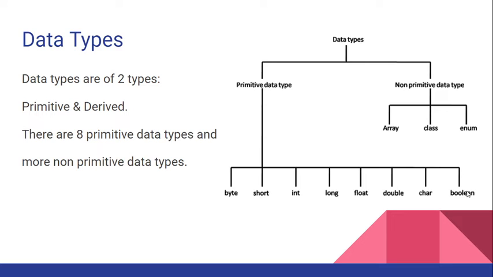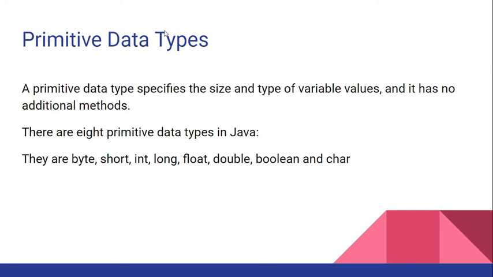Next is boolean, which I told you is true or false. Next come non-primitive data types. They are array, class, enums. These non-primitive data types will be discussed in later classes. It's not for now. Okay, now let's move on to primitive data types.